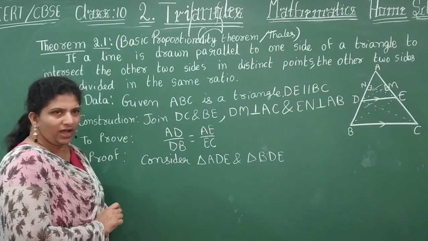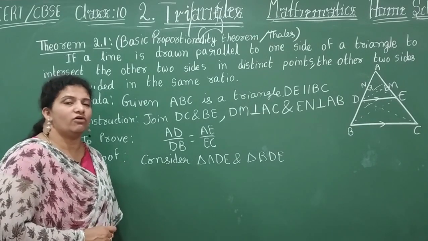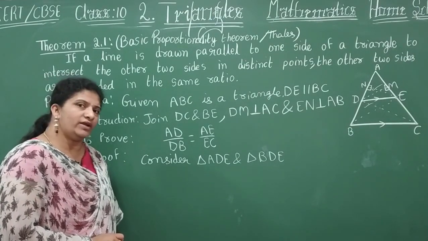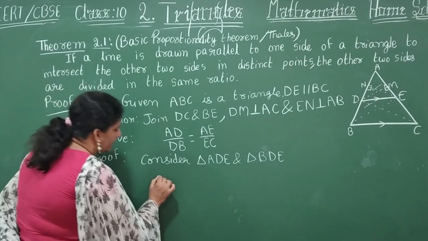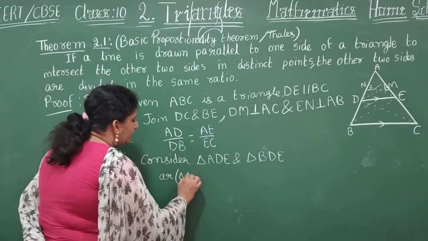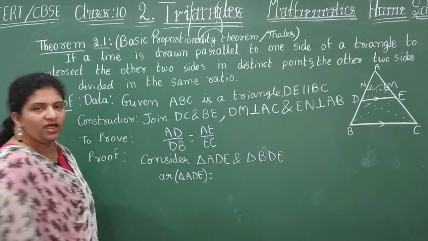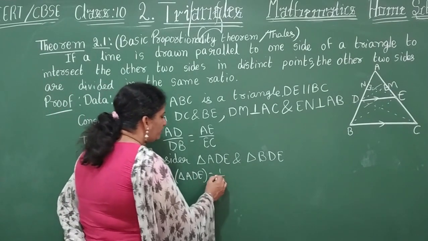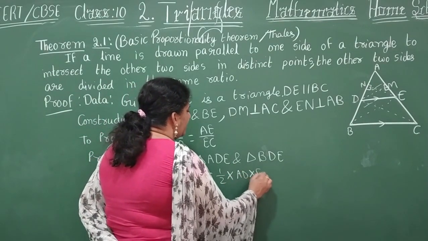What are you going to do after considering these two triangles? I am going to apply the area of a triangle. Area of a triangle, you can write the shortcut AR also. Let's start here. Area of triangle ADE. What is the area of a triangle formula, children? Half into base AD into height EN.